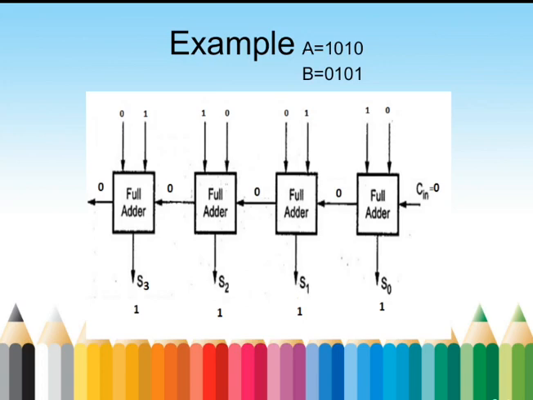And for carry, 1 into 0 plus 0 into 0 plus 0 into 1, it is 0. In the same way, the other two full adder circuits can also be examined. We have the output S3, S2, S1, S0 as 1, 1, 1, 1. The decimal equivalent for 1111 is again 15. The output has been obtained.